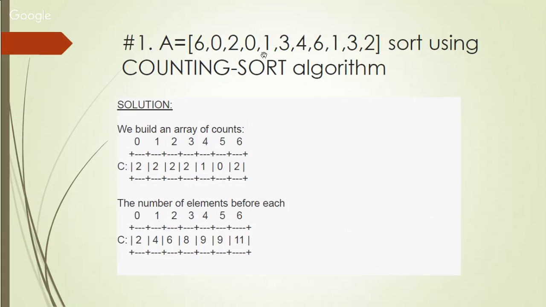Come to number 1, how many times is number 1 appearing here? 1, 2. 2 times. Number 2, how many times? 1, 2. 2 times. Number 3, 1, 2, 3 times. Number 4, it only appears once. Number 5, 0 times. Number 6, 2 times.